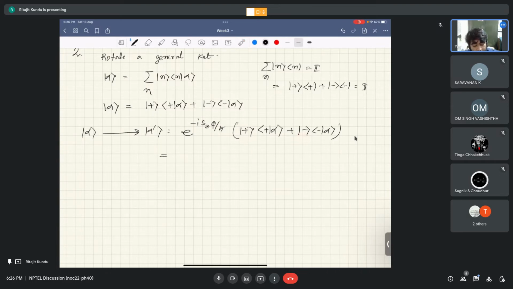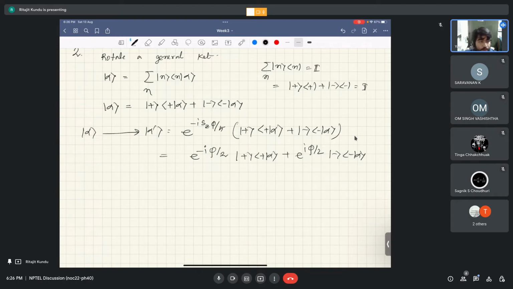So we will use that fact and write e to the power minus i phi by 2 on the plus state, plus e to the power i phi by 2 on the minus state. What I have done here is use the eigenvalue equations of Sz and put in h bar by 2, so h bar from numerator and denominator cancels and I am only left with minus i phi by 2 here, and plus i phi by 2 there. This is how the state rotates. This is the unitary transformation upon the state.